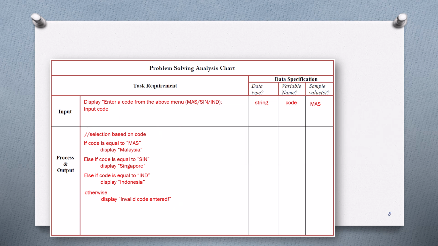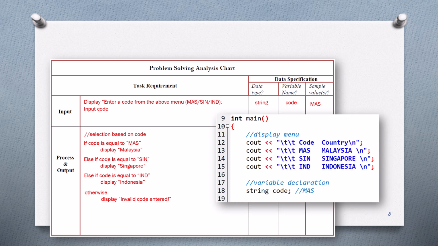So next one, the program coding. From here to here, you have the declaration. See, you have string code. So whatever declaration is string code, and of course, for easy viewing, we would like to display the menu first, so that the user may know what codes are expected to be entered.